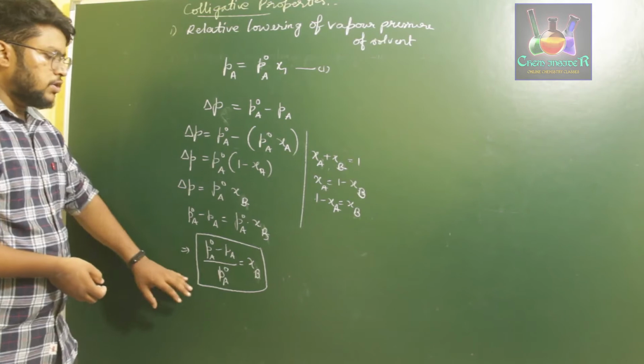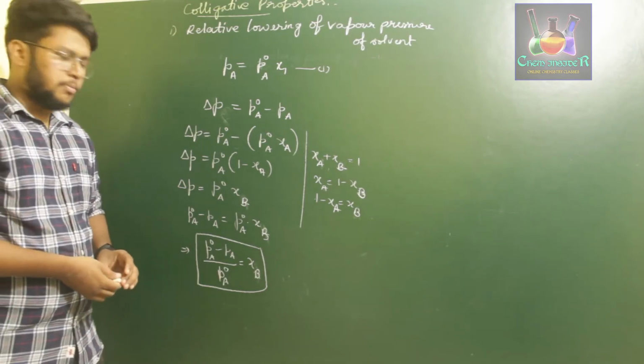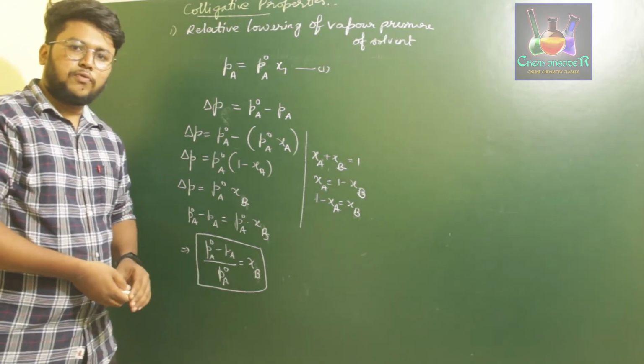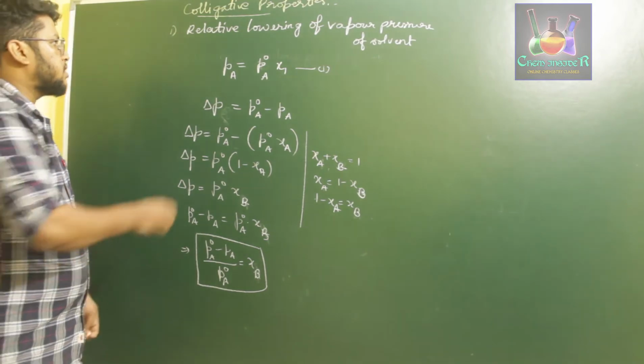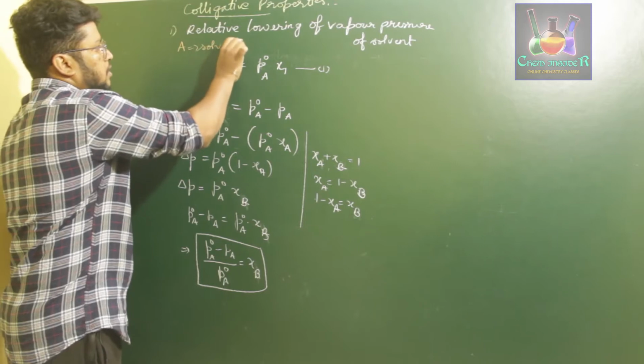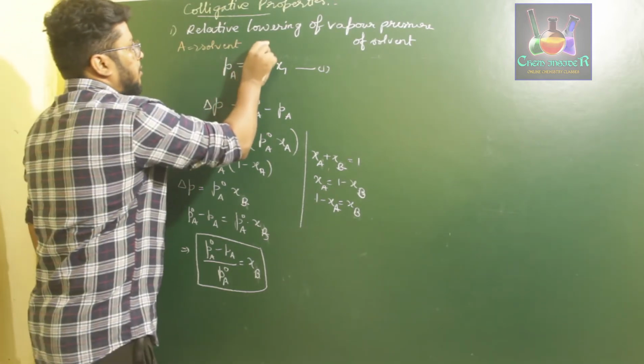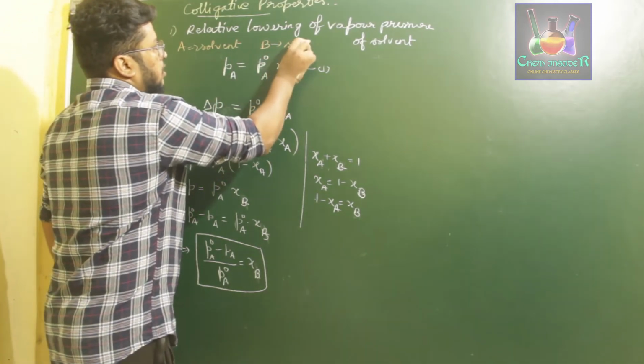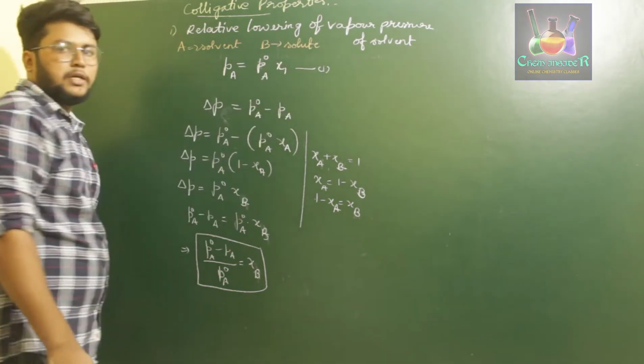So this is about the relative lowering of vapor pressure, which is equal to the mole fraction of the solute, where we are considering A as solvent and B as solute.